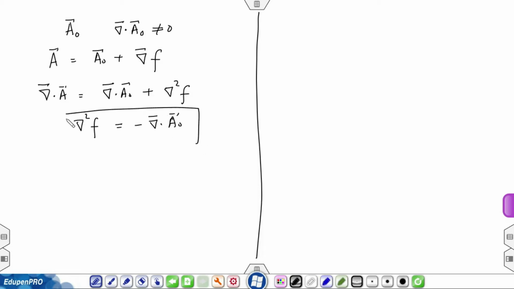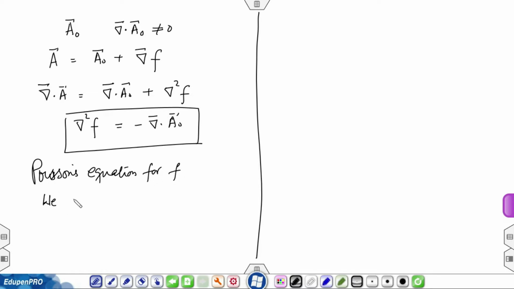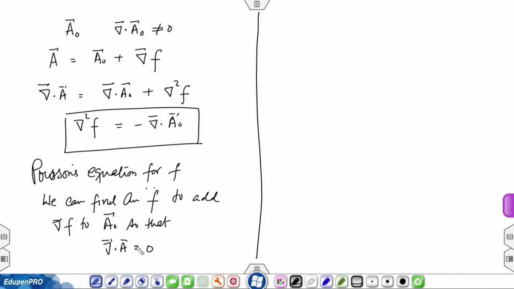This is like the Poisson's equation for f. So, we can always find an f, and add grad f to A naught, so that divergence of A is equal to 0. So, we can always make divergence of A equal to 0.